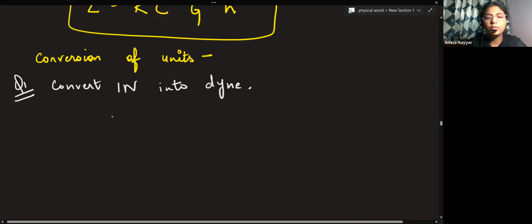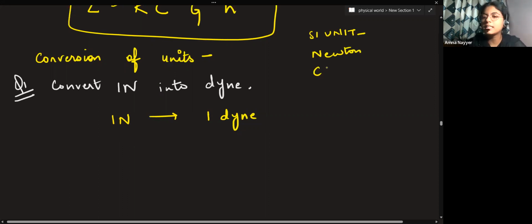You have to convert 1 Newton into 1 dyne. Newton, remember, is the SI unit of force, whereas the CGS unit of force is dyne.